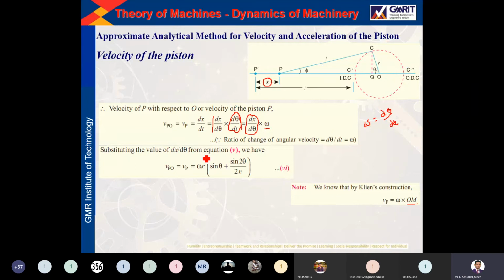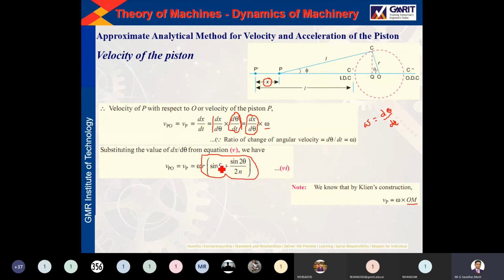Now if I write this OM into omega, OM is nothing but r (sin theta plus sin 2 theta by 2n), again the same. I will get omega into OM.